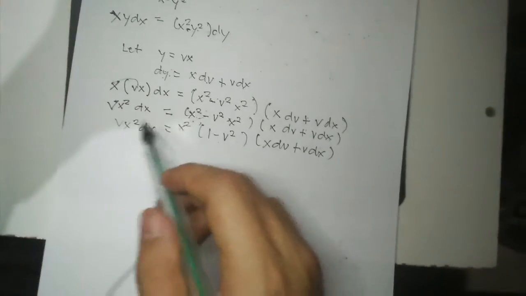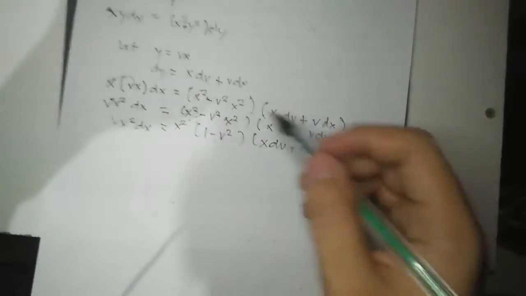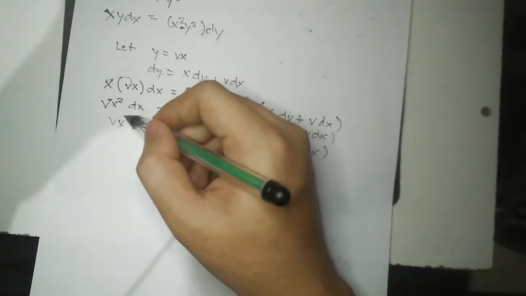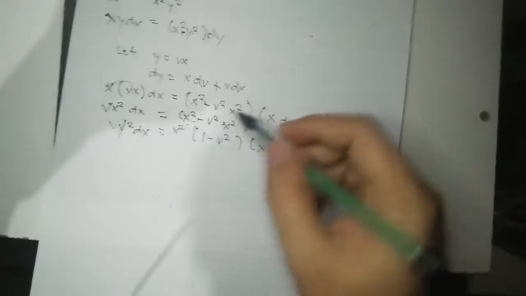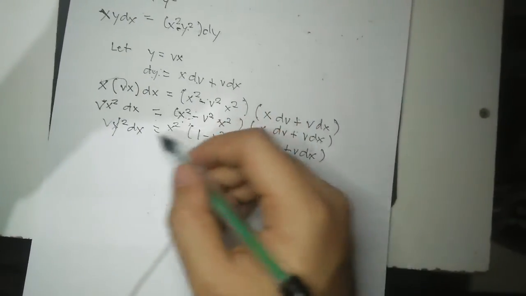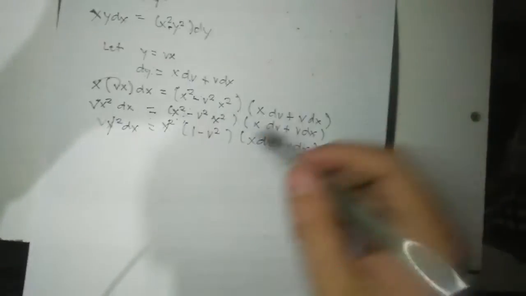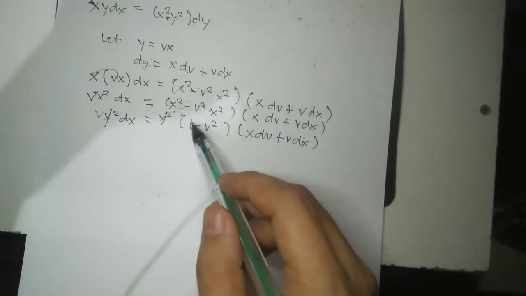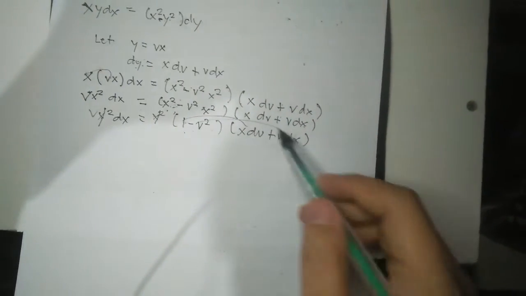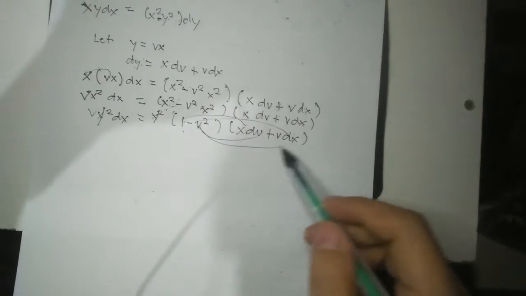So now, as you can see, we can cancel out the x squared right here. But first we will cancel. So now we can use this FOIL method right here to distribute.